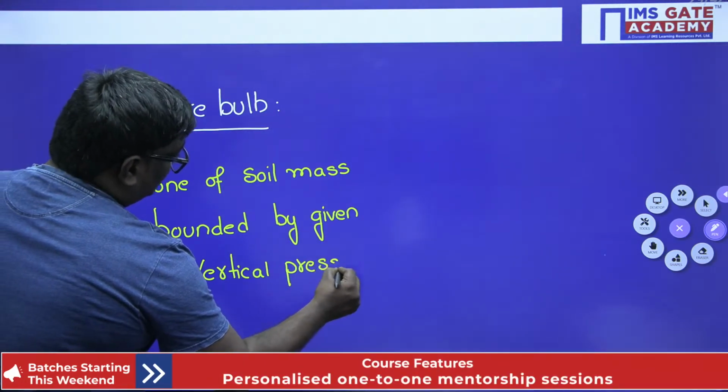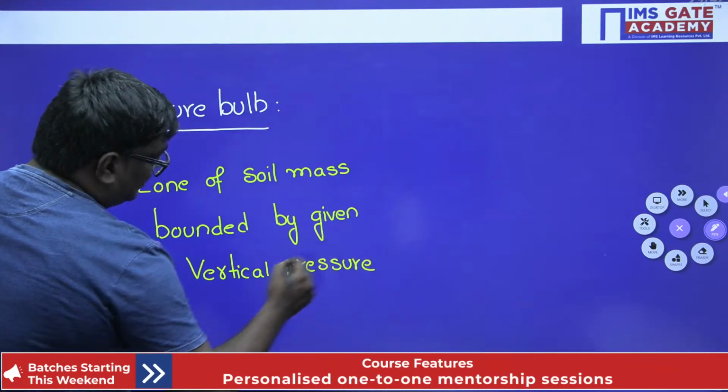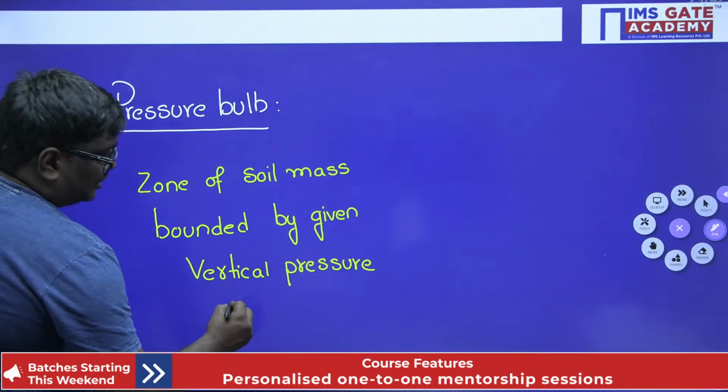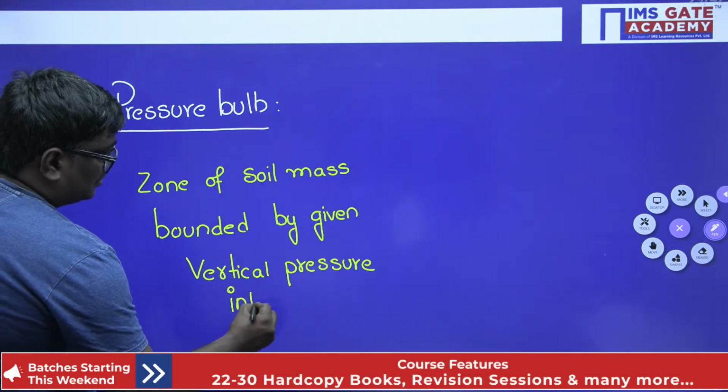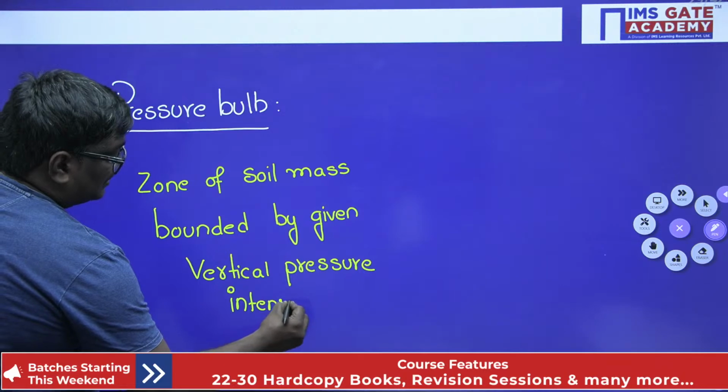The zone of soil mass bounded by a given vertical pressure intensity is known as a pressure bulb.